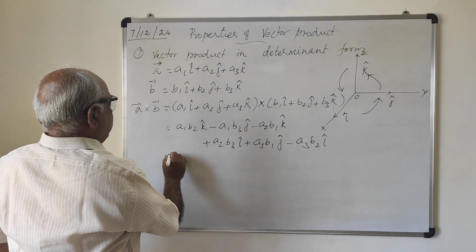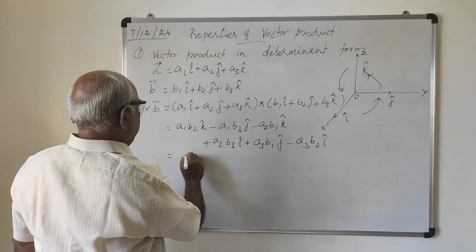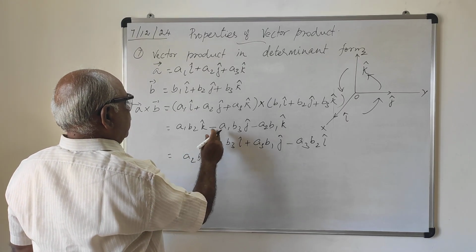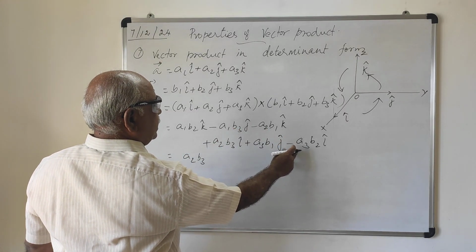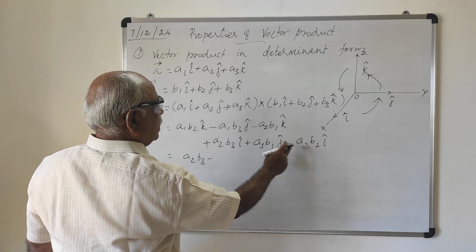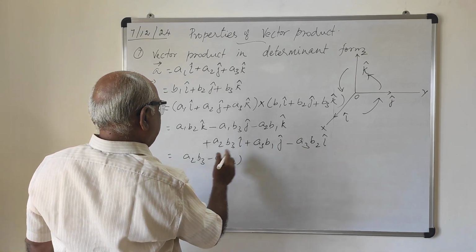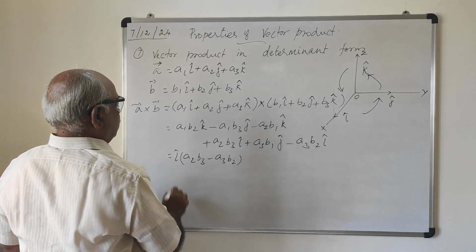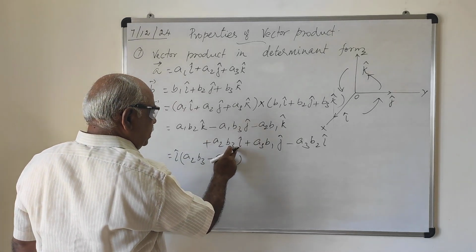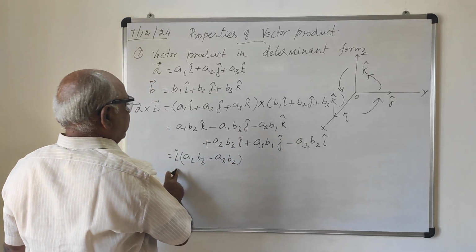So now you collect the terms. The i terms: A2 B3 minus A3 B2, into i cap.